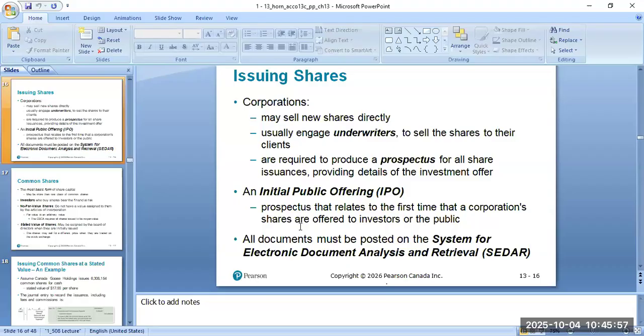Now the interesting thing is that all the documents must be posted in the System for Electronic Document Analysis and Retrieval, with the abbreviation SEDAR. If you go on the internet and look up SEDAR, you're going to find information for every public company in Canada.